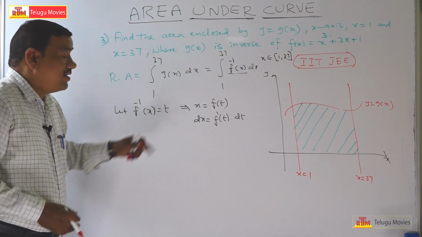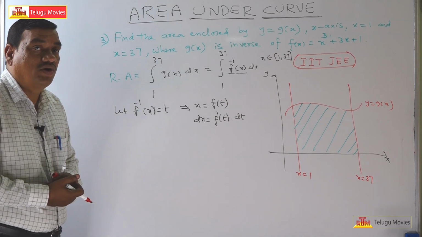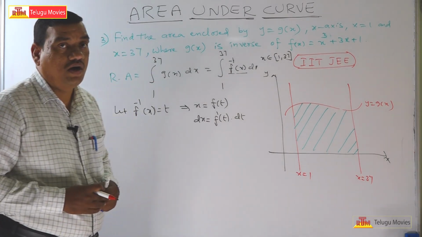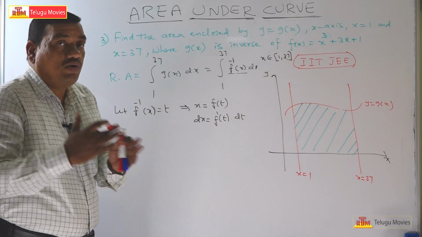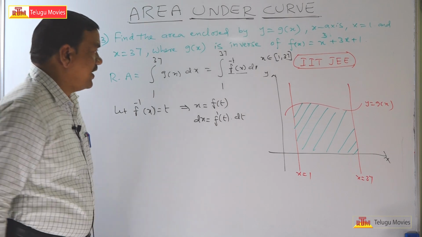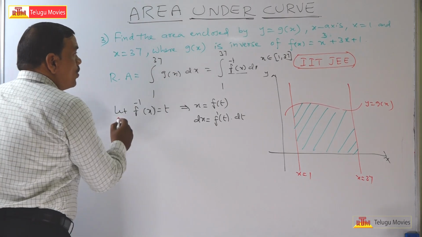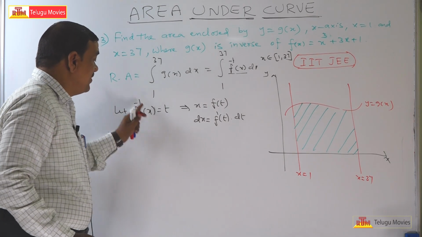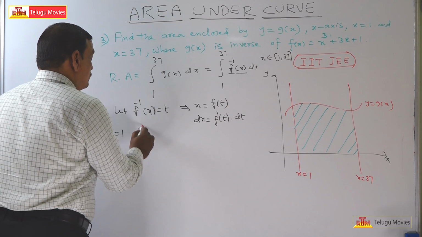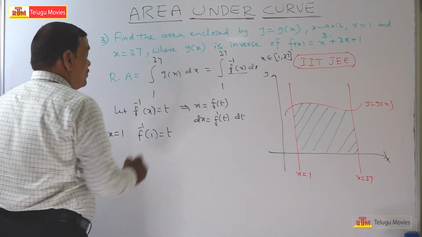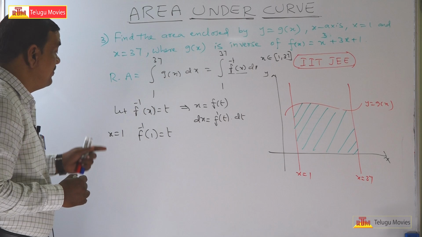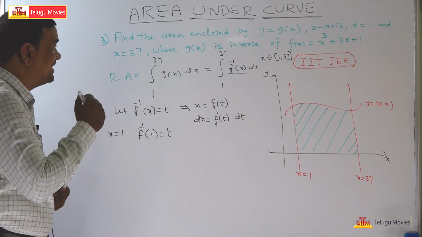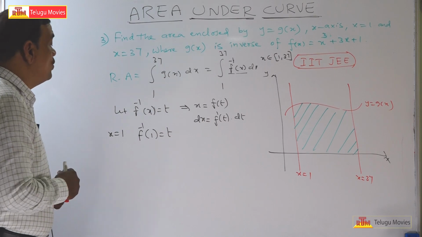Now when you are changing the variable of integration, you have to find the lower limit and upper limit for t. For example, if x is equal to 1, then f inverse of 1 is equal to t. Then you can guess the value of t.